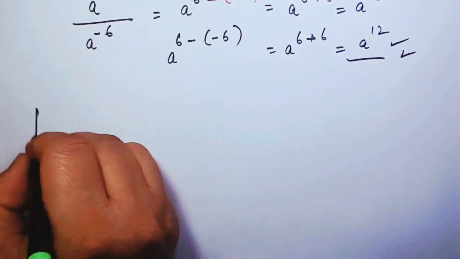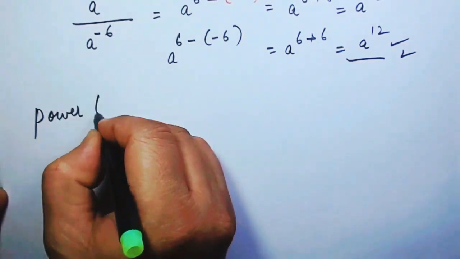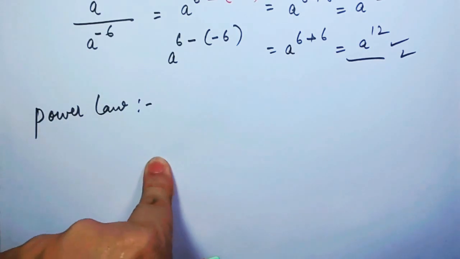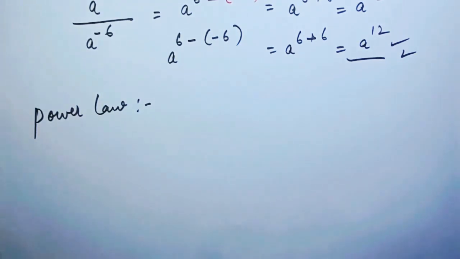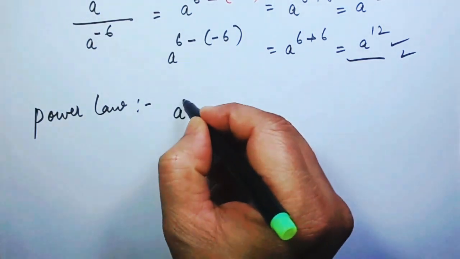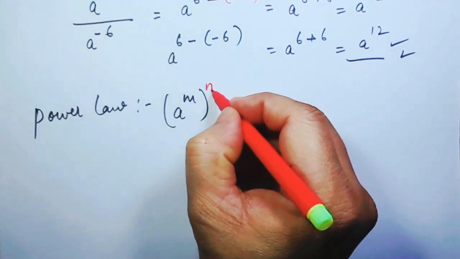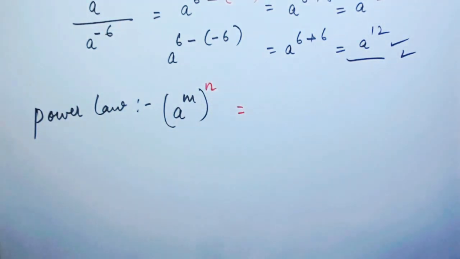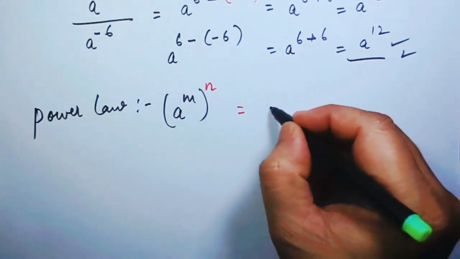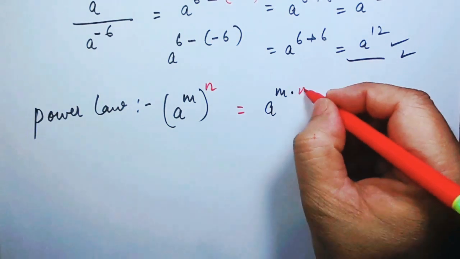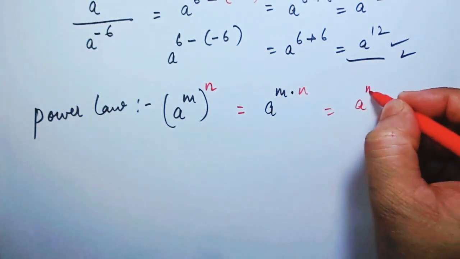Let's go to the power law. I tell you that if you go through it every day, you will excel in exponents, because everything is based on formula. In power law, we have a to the power m whole to the power n. This is also very interesting. Everyone knows that when a power is raised over a power, you get a to the power m multiplied by n, which is a to the power mn.